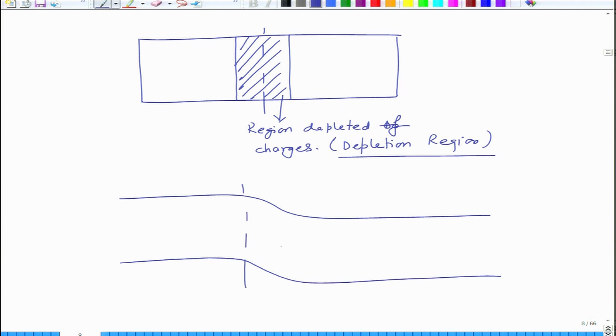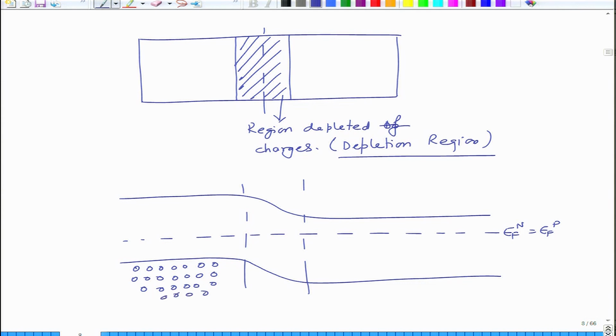So basically, when you form this barrier at the interface, let us say this is the barrier. Essentially you have a Fermi level, so EFN is equal to EFP. This is the P side, you have a lot of holes on this side, but you have few electrons on this side.